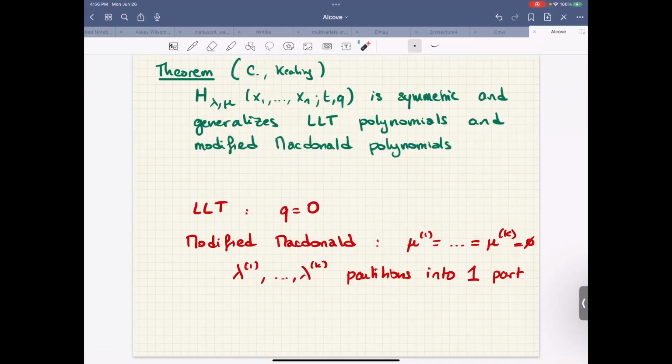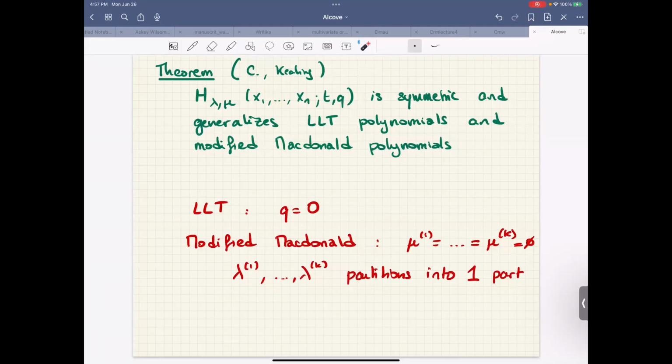When you do that, it's easy, because you have the same tools from integrability as before to see that this polynomial is always symmetric in x1, ..., xn, and it generalizes both the LLT polynomials and the modified Macdonald polynomials.